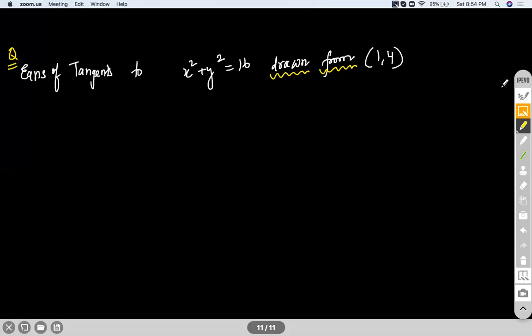So I got one of the equations as x plus 4y equals 16. What is that? X plus 4y equals 16. One of the equations. No, there is no such answer like that.